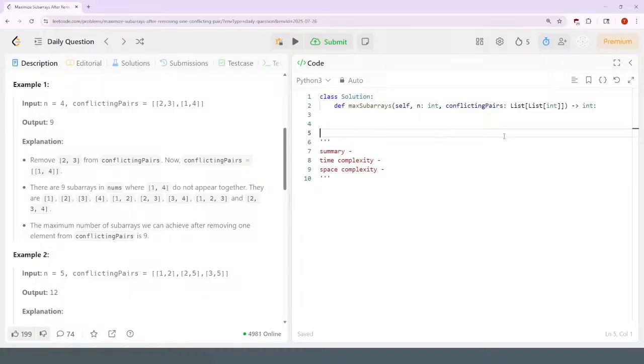Alright, so I think this seems like a sliding window one in some form or fashion.